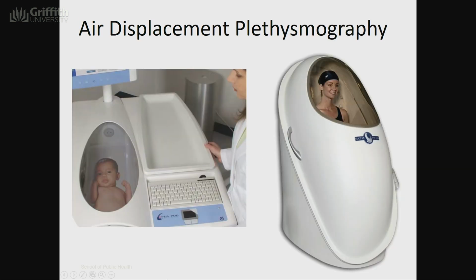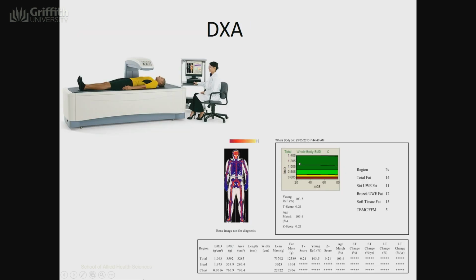A similar technique involves the displacement of air, called air displacement plethysmography. These are BOD pods, or on the left is a P pod for the pediatric population. This measure is again not painful, but is reliant on reasonably expensive equipment. We don't have either of these devices on campus.